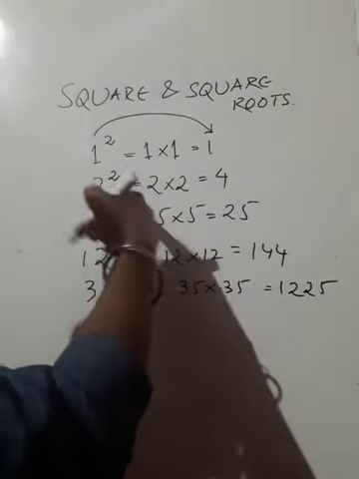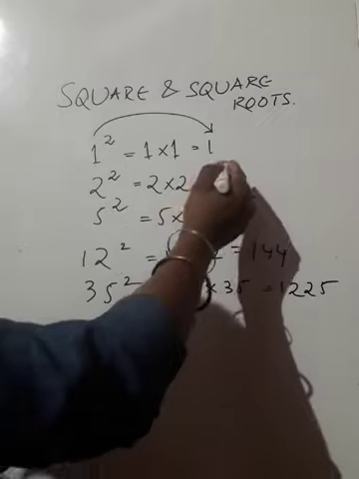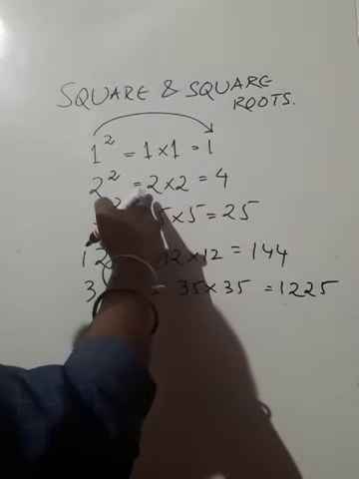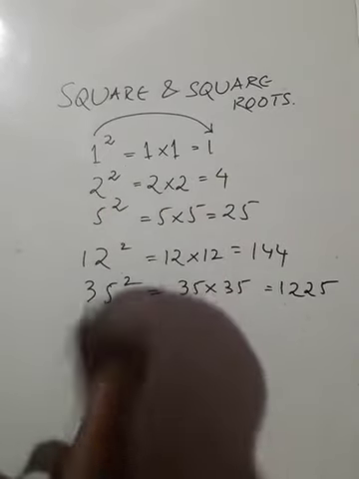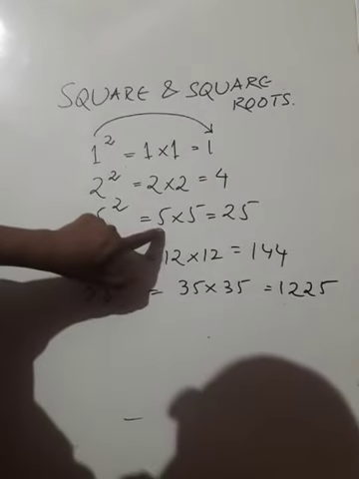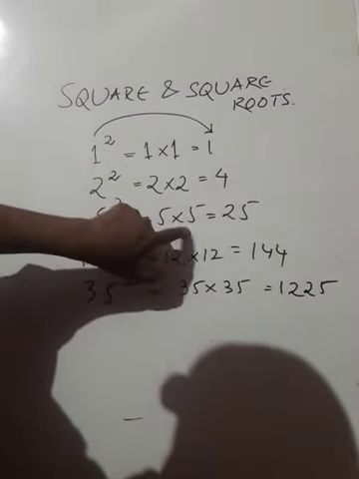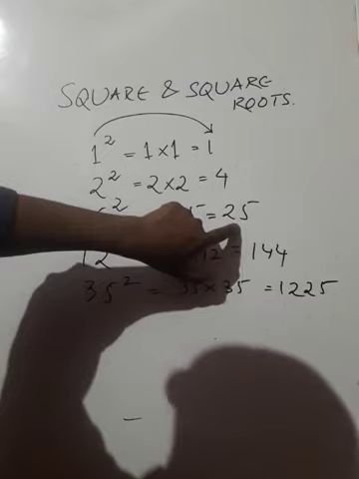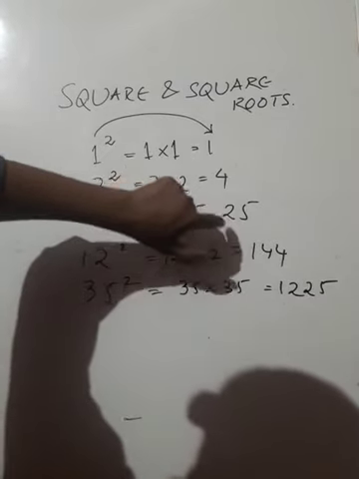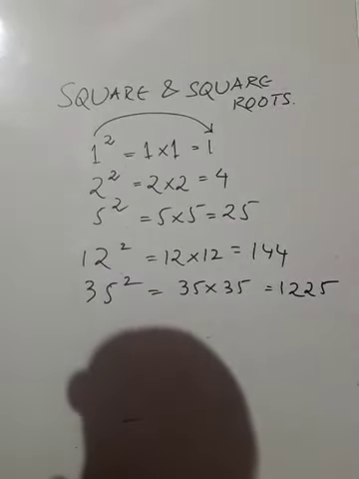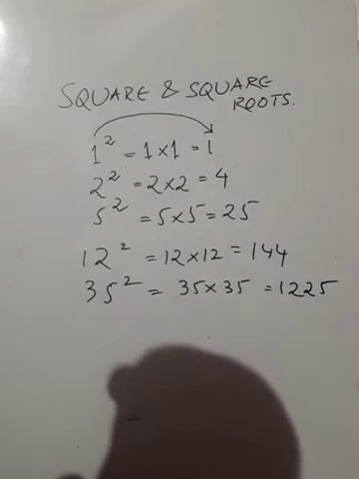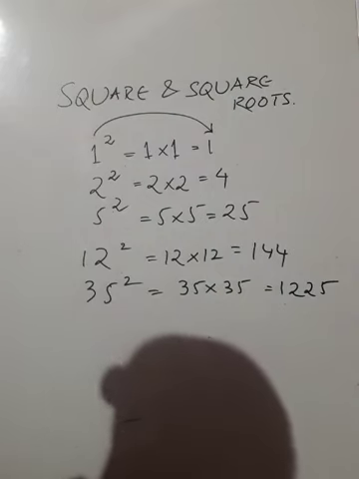Here I have multiplied 5 by 5, I got 25. That means this one becomes a perfect square. I guess you have understood what a square is and what a perfect square is.